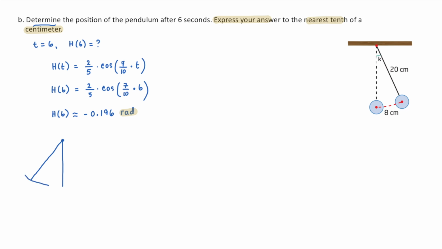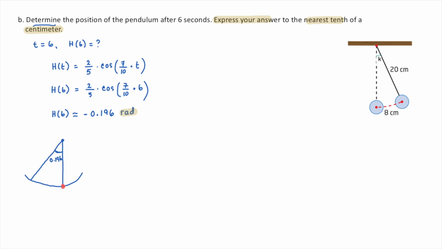But if I'm thinking from the point of view of a circle, I don't care about negative or positive. So in this particular case, I'm just going to use 0.196 for the central angle. So this central angle here will be 0.196. I'm going to look at this purely geometrically, so I don't care here about positive or negative.